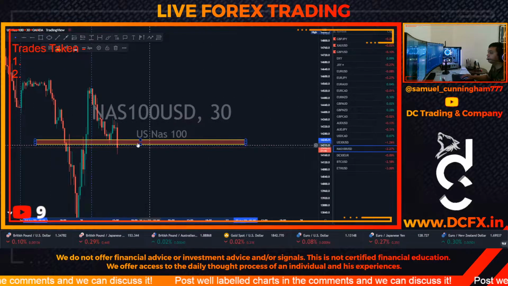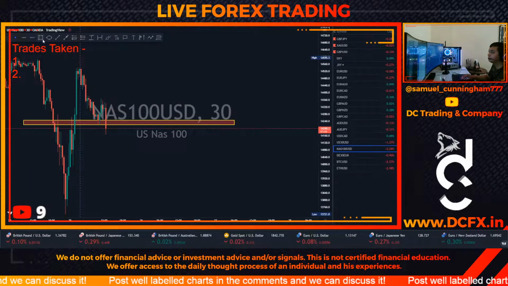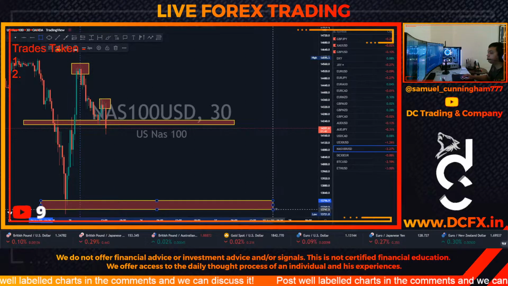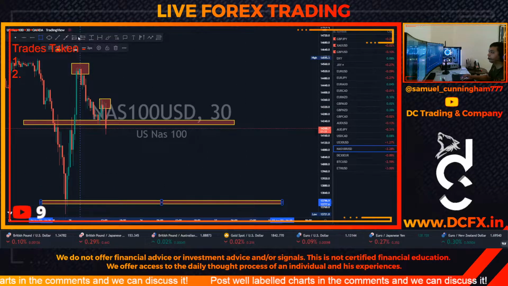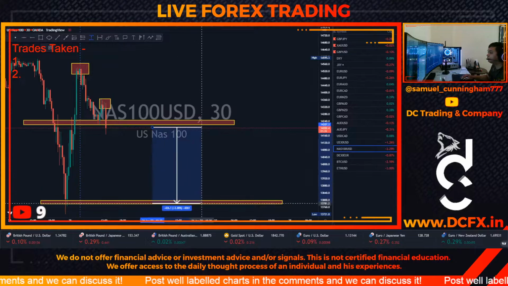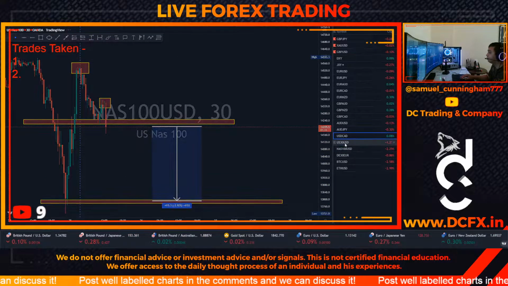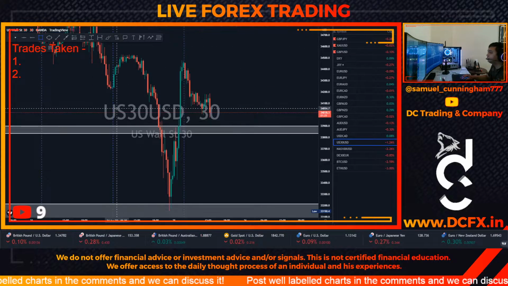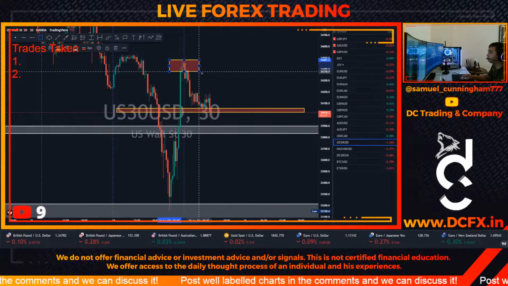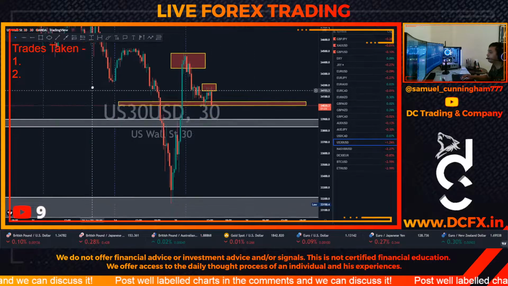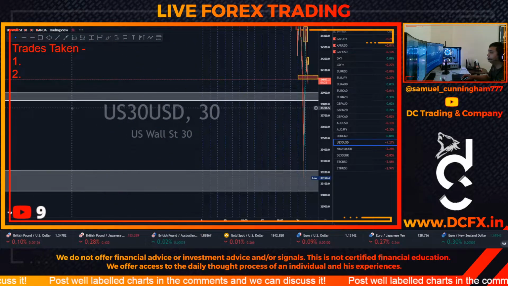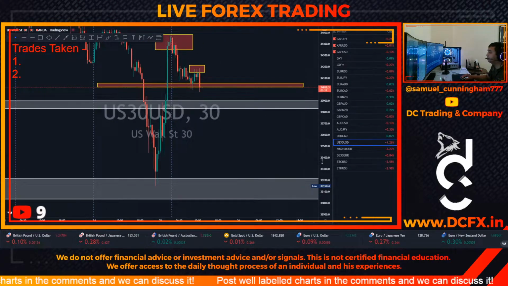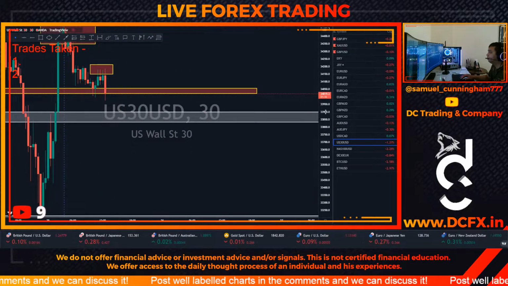Let's see if it respects price action. US 30 on the 30-minute time frame. I marked this region out for something. It's a demand region, this one which I marked at 33,900.